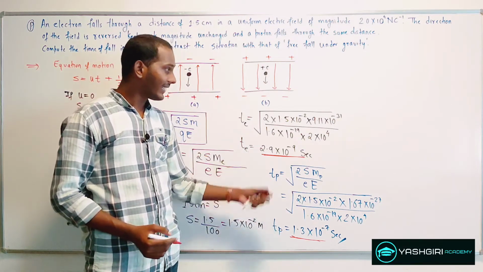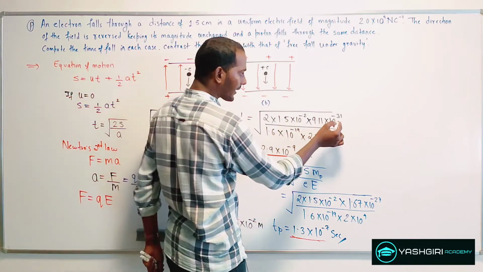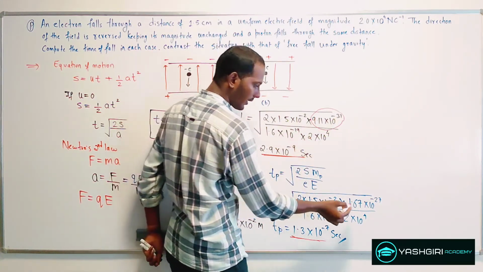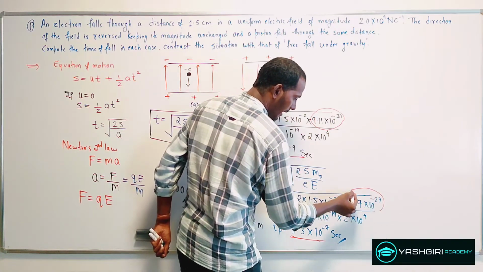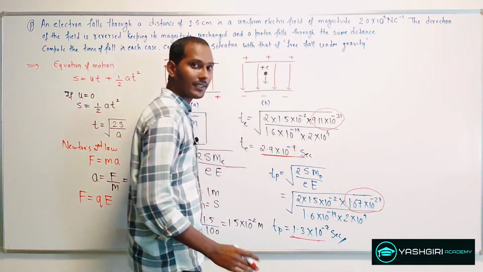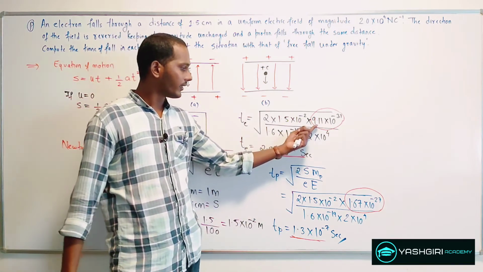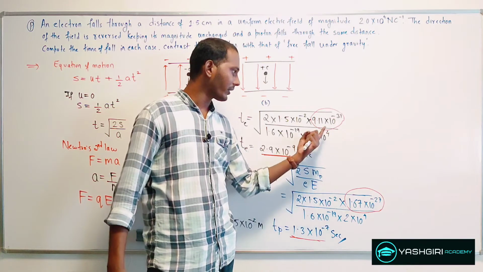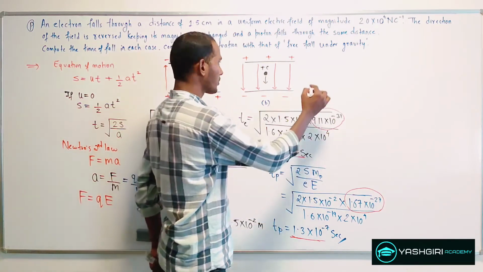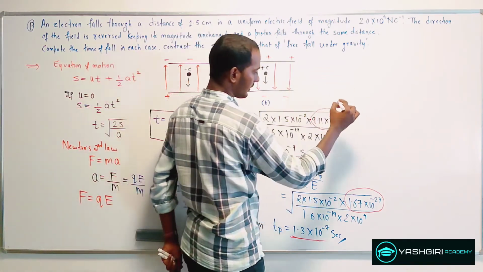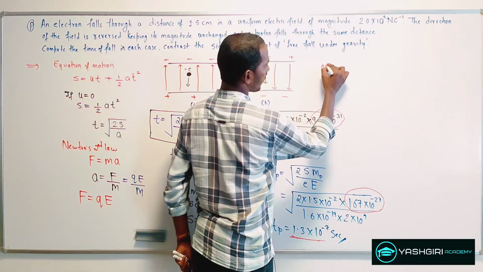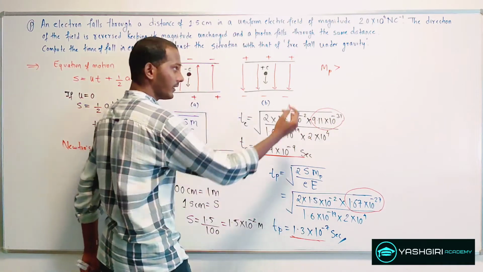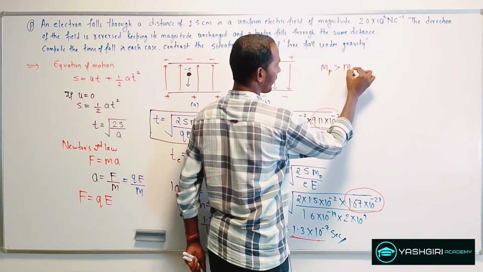Now here if you see their masses, this is the mass of your electron, 9.11 into 10 to the power minus 31, while this is the mass of your proton. When you see their masses, the mass of the proton is heavier, is greater than the mass of the electron.